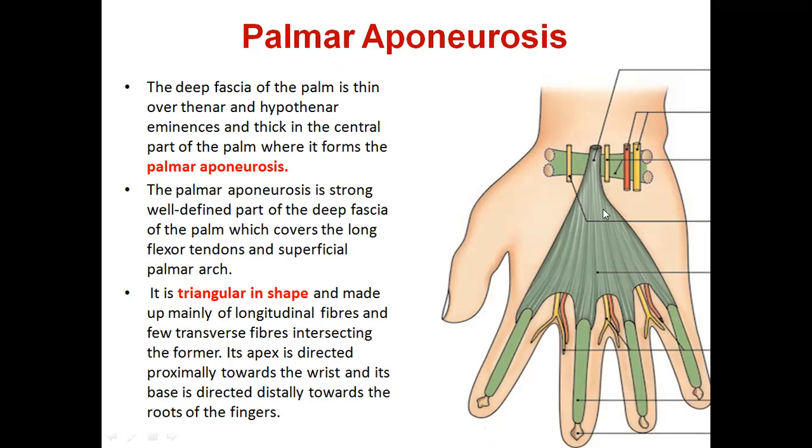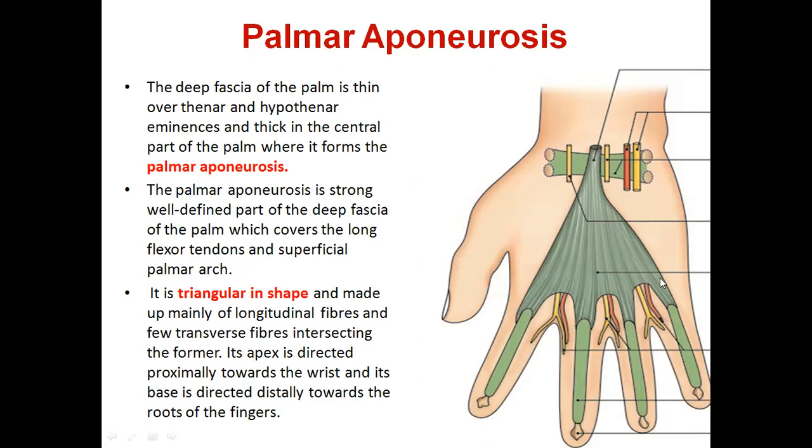What is the shape you are finding? It is triangular and made up of longitudinal fibers and a few transverse fibers intersecting the longitudinal fibers. The apex is directed proximally towards the wrist.